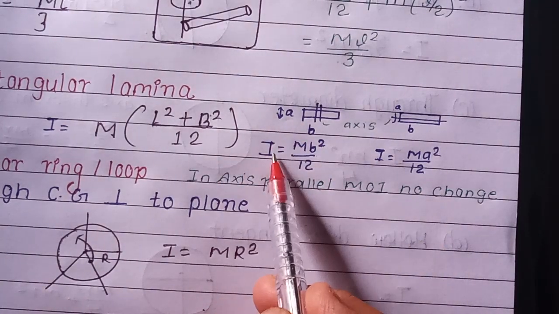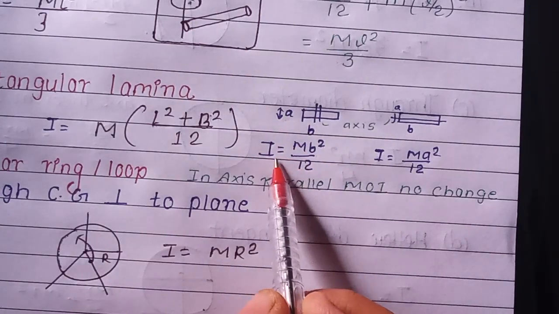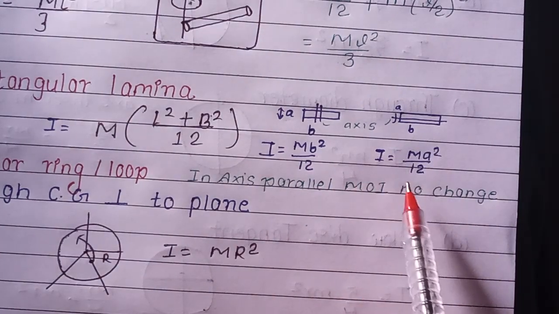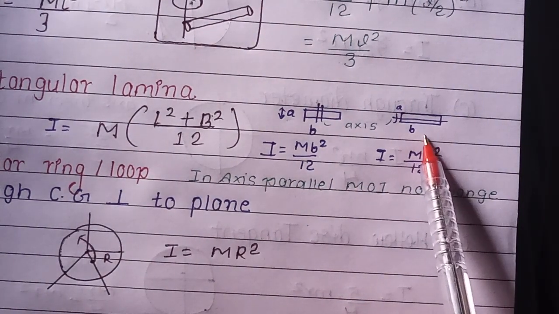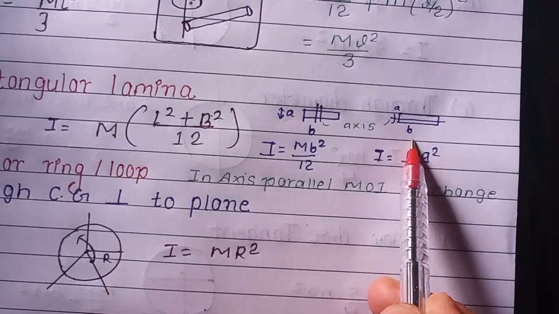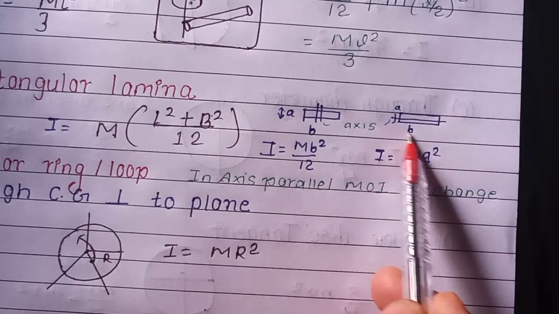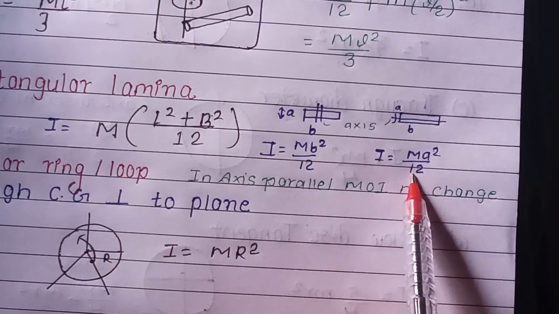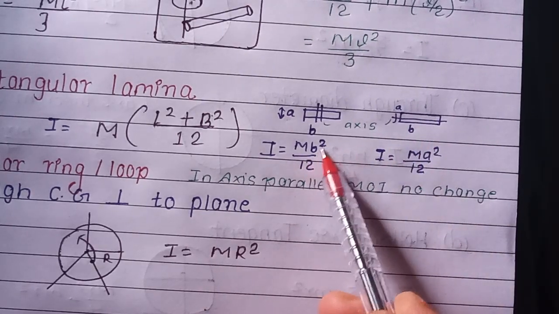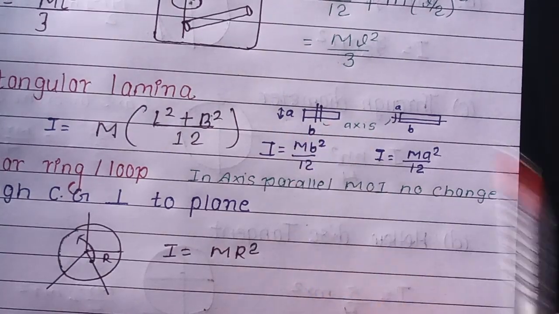So if the axis is parallel to A, I is equal to m b square by 12. And if the axis is parallel to B, we skip the B and get m a square by 12. This m b square by 12 is the moment of inertia when the axis is parallel to A.